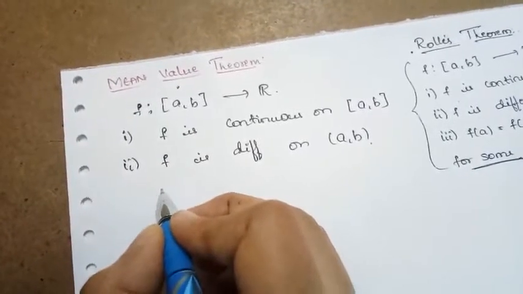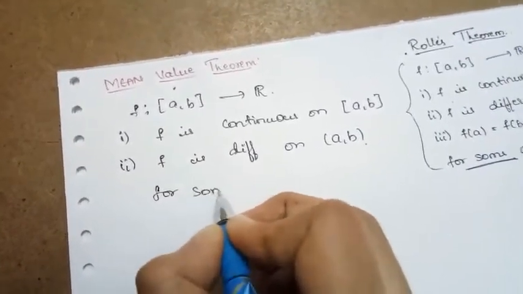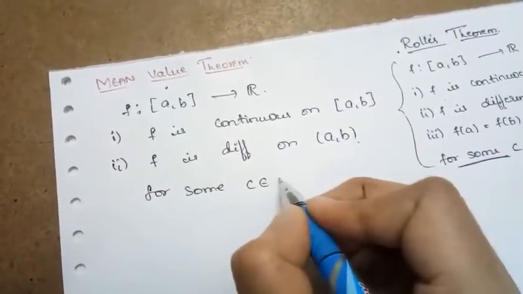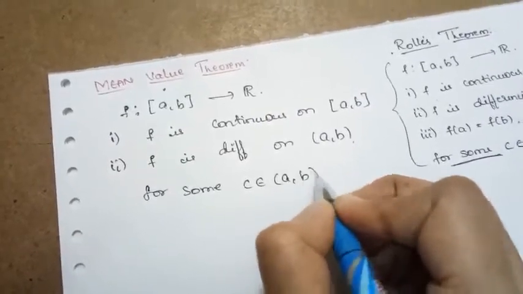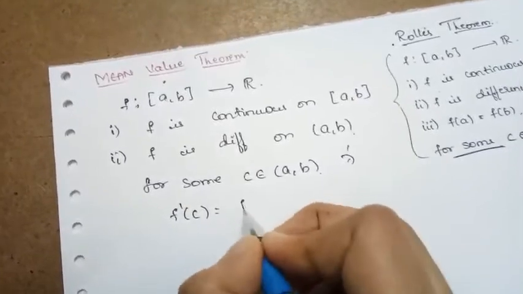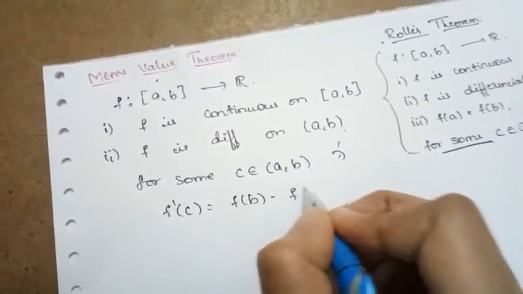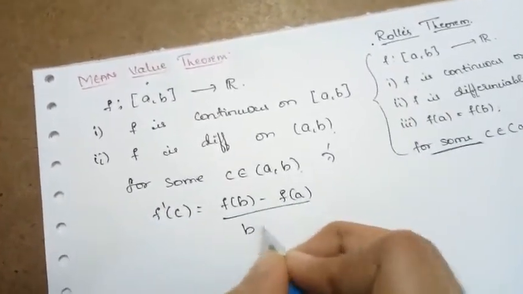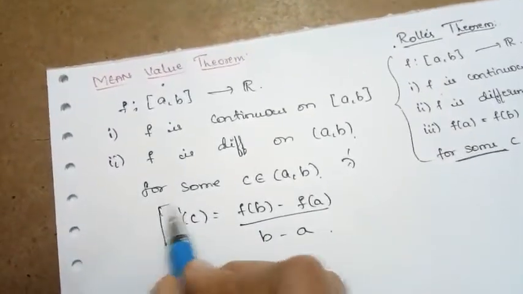Then for some c belonging to a comma b, f dash of c is equal to f of b minus f of a divided by b minus a. So this is what they are saying.